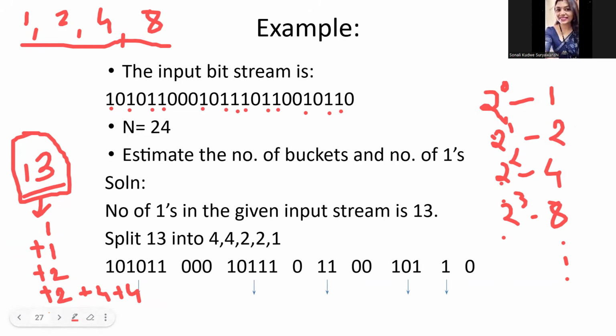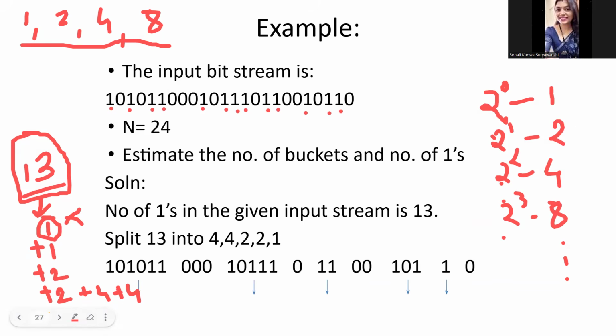So what I can do is skip one value. If I discard this, that means I take a bucket of size 1 only once, then 2 buckets of size 2 and 2 buckets of size 4. Now add this: 1 plus 2 is 3, 3 plus 2 is 5, 5 plus 4 is 9, 9 plus 4 is 13.